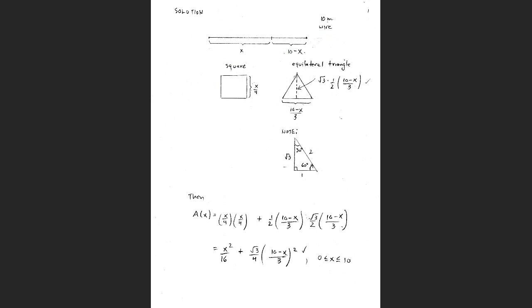This is the height here of my equilateral triangle, because how am I getting that? Well, let's go to my little triangle down here, my 30, 60, 90 triangle. There's √3. Here's 1. √3 is simply √3 times 1.